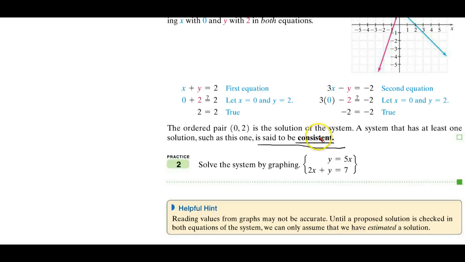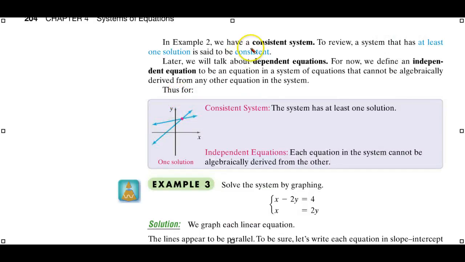If it has infinite, it's very consistent. And more vocabulary is if it has at least one solution, one point of intersection, it's consistent. But were these equations the same? No, they're different lines. We say the equations are independent.